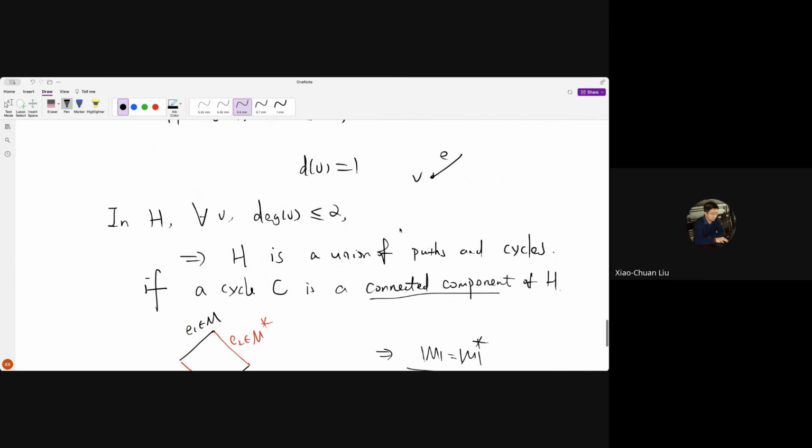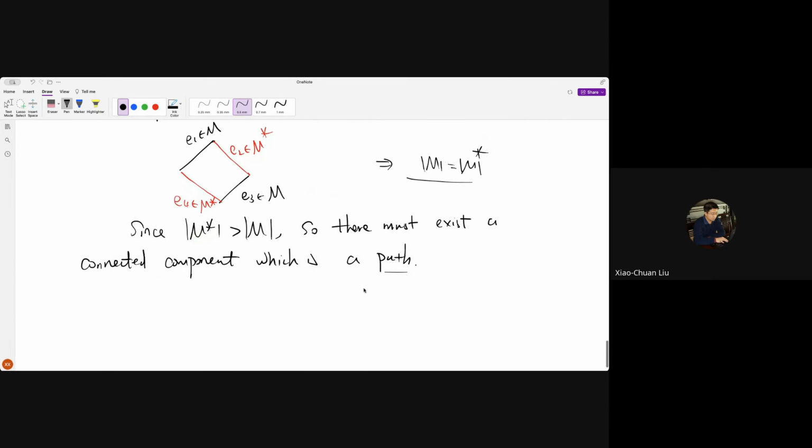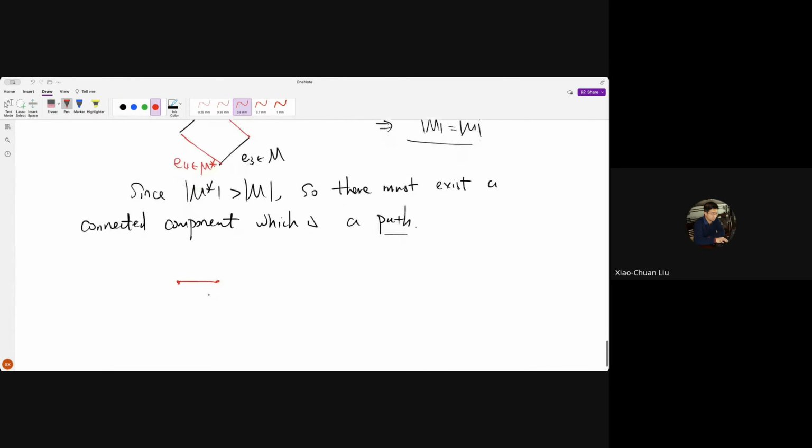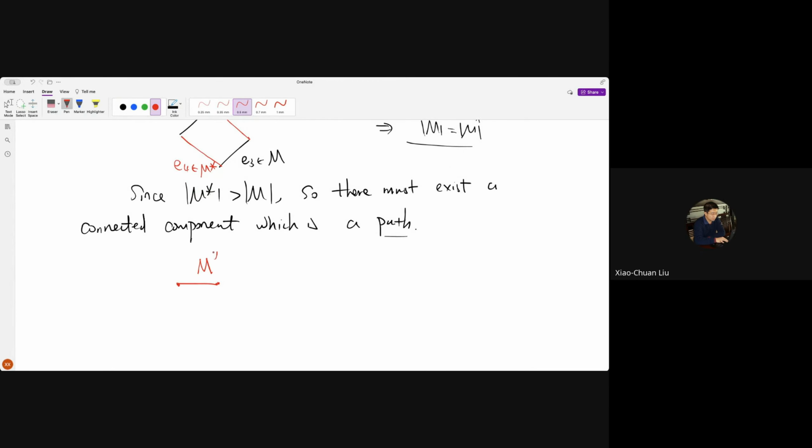There are only two kinds of connected components, path or cycle. So there must exist a path. It's not possible that all components are cycles. If there is a path, this path is special: the starting edge must belong to M star because M star is larger, and the second edge belongs to M.